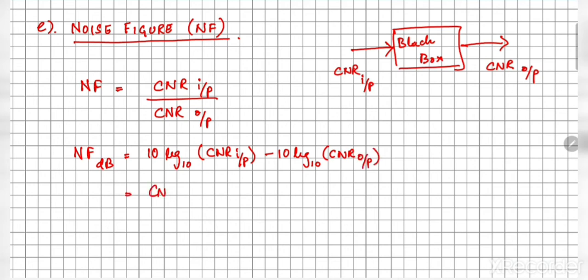Therefore, this will be the CNR input in dBs minus the CNR output in dBs. So it is basically the additional noise or the degradation of the carrier to noise ratio that is caused by that particular component.